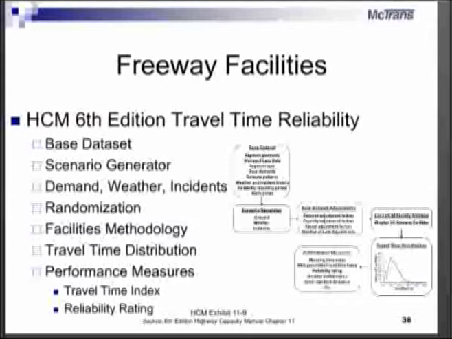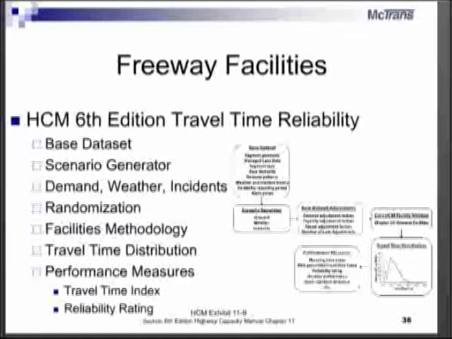Computing something called travel time index. The travel time index distribution comes from the travel time for each of those scenarios as compared to free flow speed travel time. So if the actual travel time for Tuesday afternoon is 30% higher than the free flow travel time, then the travel time index is 1.3.